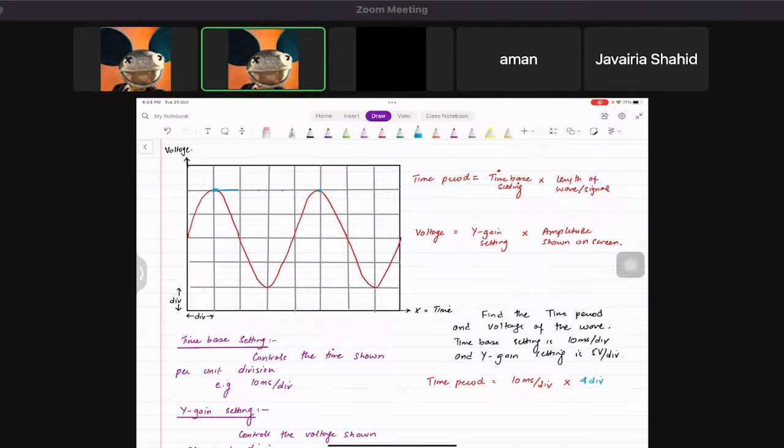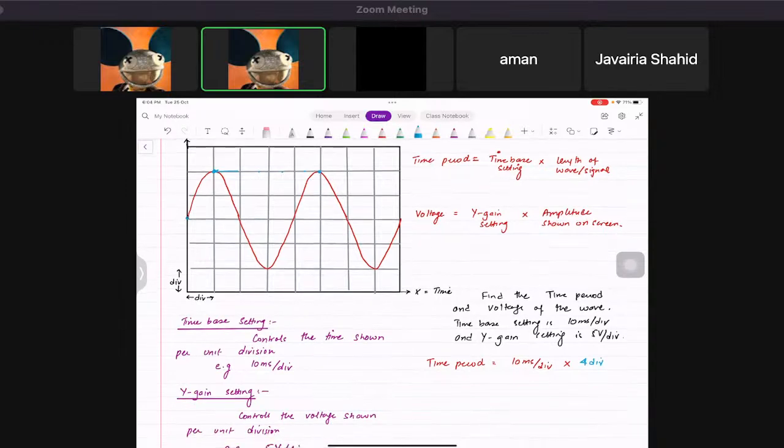I could also go from the start to the next start. So when I do this, I get 40 milliseconds, which is basically 40 into 10 raised to power minus 3 seconds. Is it clear, everybody? Yes.